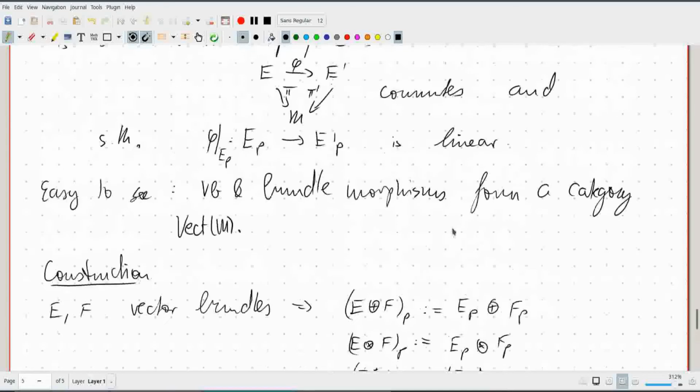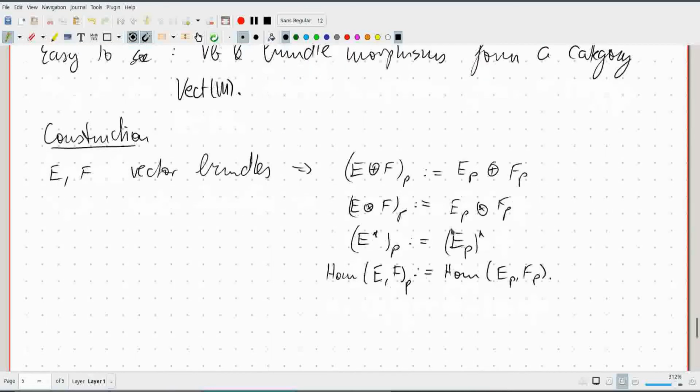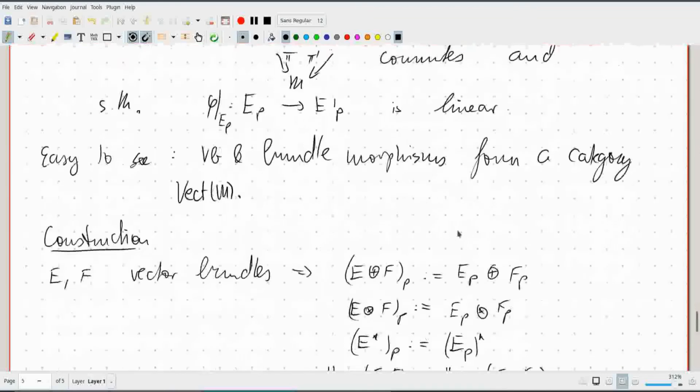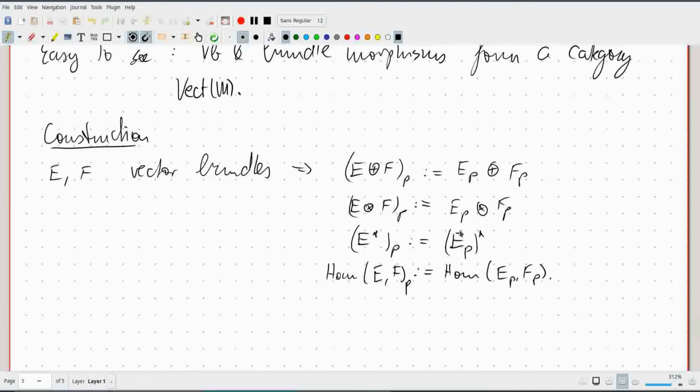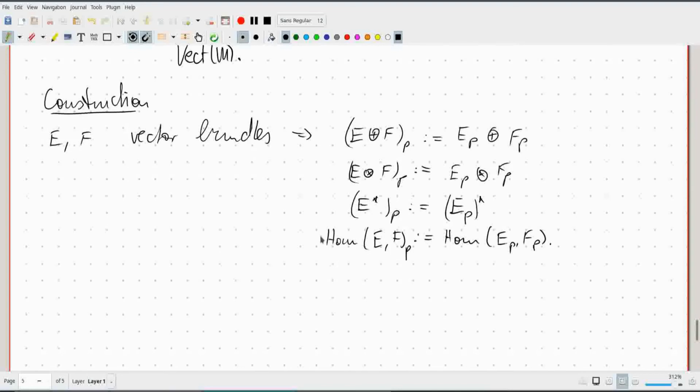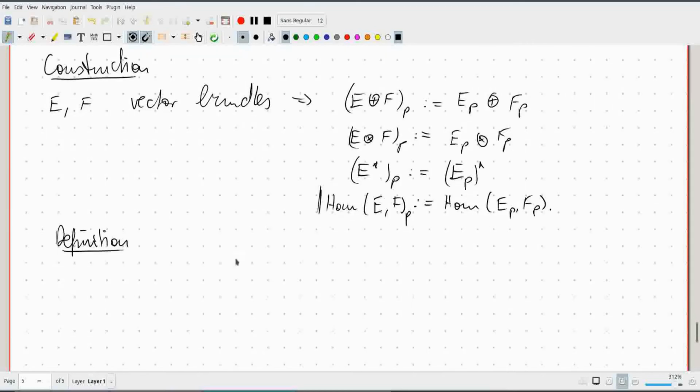Of course you would need to check that you can give all of them the structure of a smooth vector bundle as mentioned in the definition, but you will ultimately find that this succeeds. There's this Hom construction, which is quite important, and I'm going to cover that now. Another important definition pertaining to vector bundles is, what can you actually use them for?